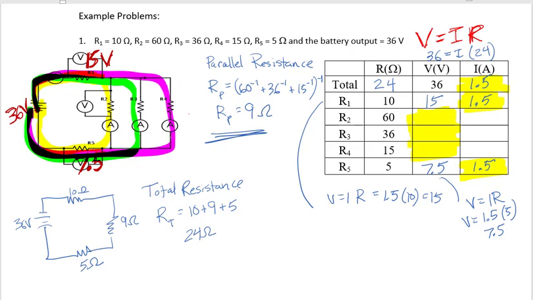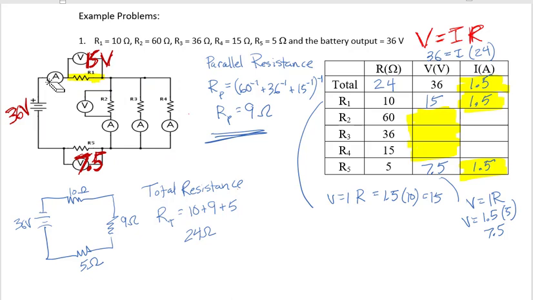So if we take and subtract the voltages out, I'll just write parallel voltage. If we take 36 volts minus 15 volts minus 7.5 volts, we're going to get 13.5 volts.